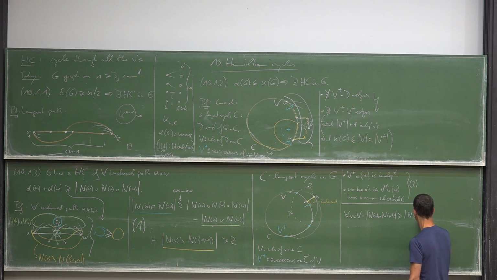That's the neighbors of little v that are not neighbors of u or v plus. I'm just copying without thinking.